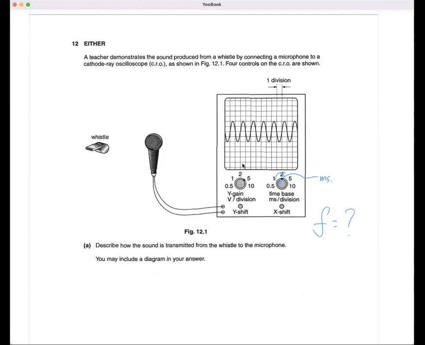What is the frequency of this? Okay, well done, Yuting. Pei Kwan, do you need help for this question?